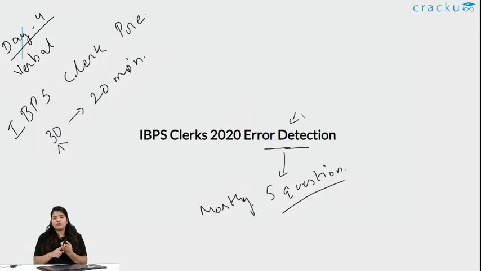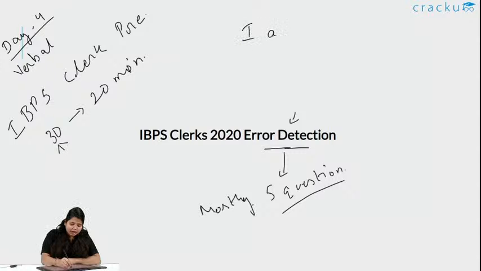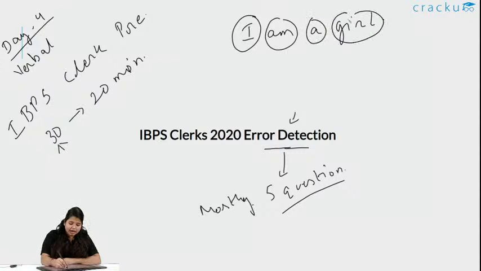One where you need to find the part which has an error, for example, "I am a girl." I have given this as part 1, part 2, part 3 and part 4, and the 5th part is having no error.